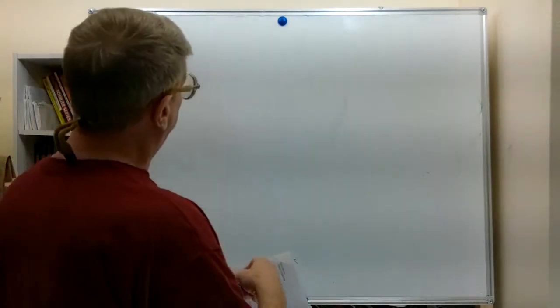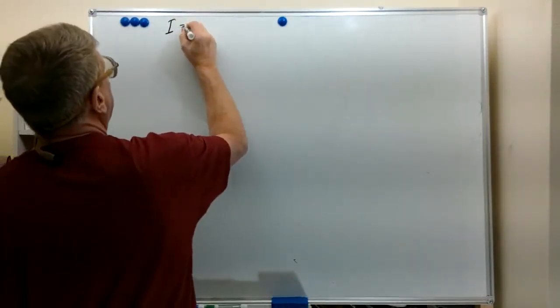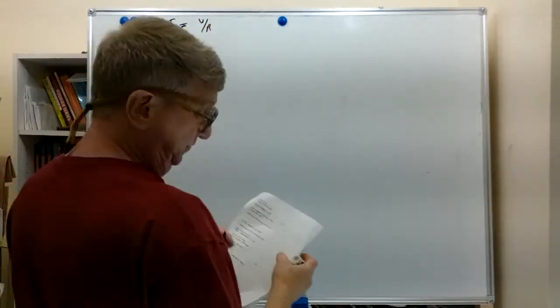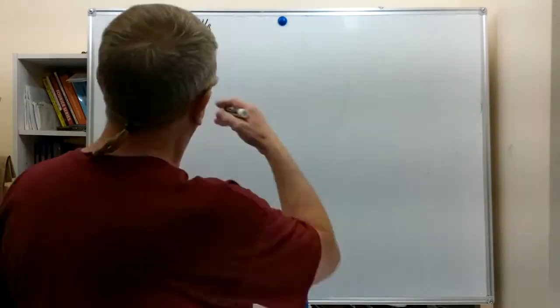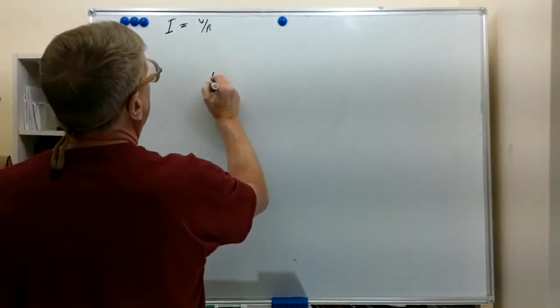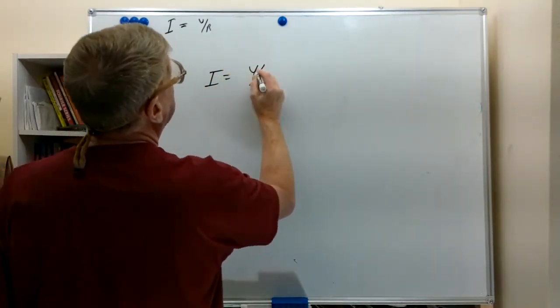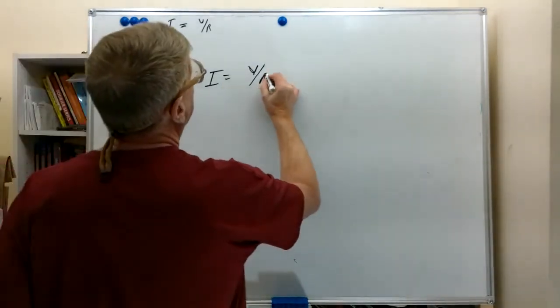Now we're going to start with this here. I'm going to put that formula back up there. Current equals voltage divided by resistance. And we're going to solve that for V. I, current, equals voltage divided by resistance. We want to get this V, or voltage, alone, so we want to get rid of this resistance on this side.